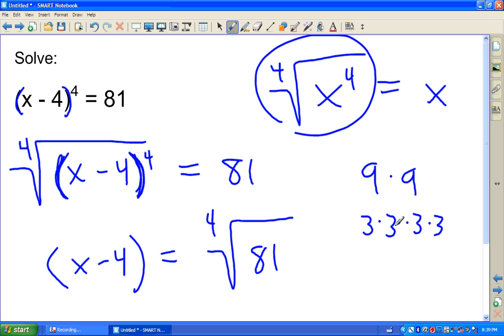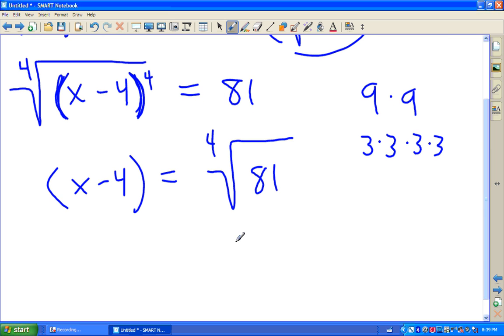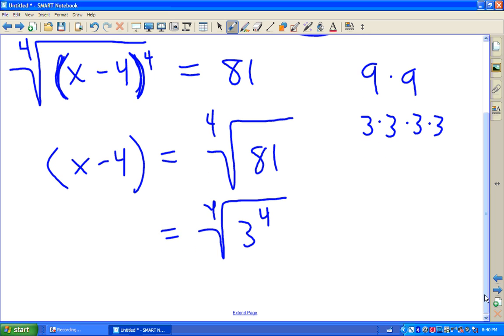I have 4 3's in there, or 3 times 3 times 3 times 3, or actually I could rewrite this as 3 to the 4th. And of course, the 4th root of 3 to the 4th is simply 3, right? Anything to the 4th power, if I take the 4th root of it, it undoes the exponent to the 4th power, so that works out well.